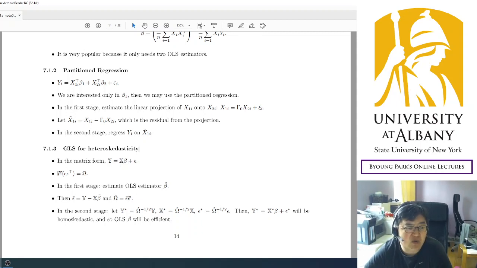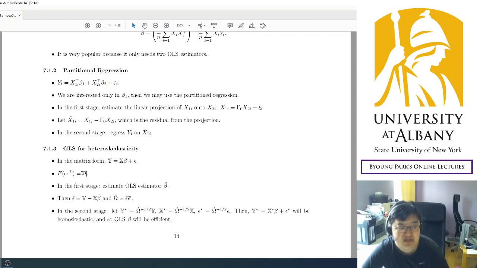So we consider a general n by n matrix omega as the variance matrix of epsilon, which may include correlation between observations or different variances across observations. But the problem here is we need to know the variance to utilize this information.